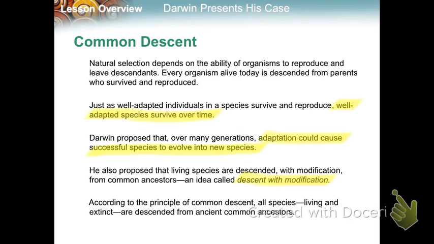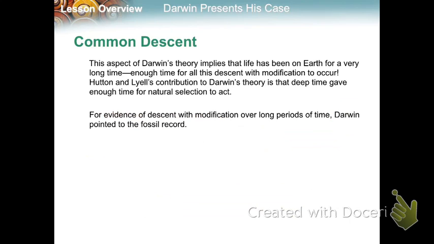Obviously, there are descendants. There are changes over time according to the rules of natural selection. And according to the principle of common descent, Darwin says all species, living and extinct, are descended from ancient common ancestors. And again, let me just remind you, nobody was there. We don't know.